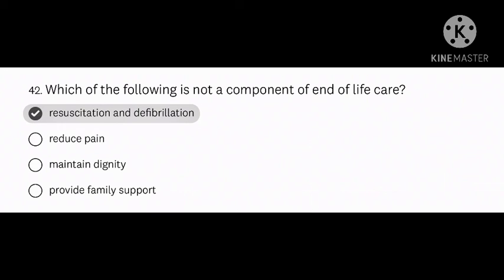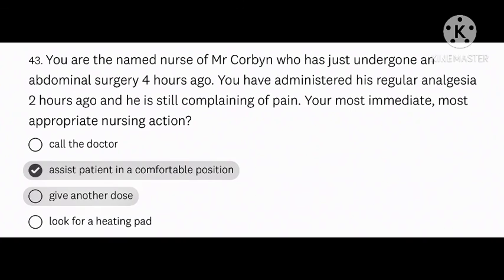Resuscitation and defibrillation. You are the named nurse of Mr. Corbin, who has just undergone an abdominal surgery 4 hours ago. You have administered his regular analgesia 2 hours ago and he is still complaining of pain. Your most immediate appropriate nursing action should be assist patient in a comfortable position.